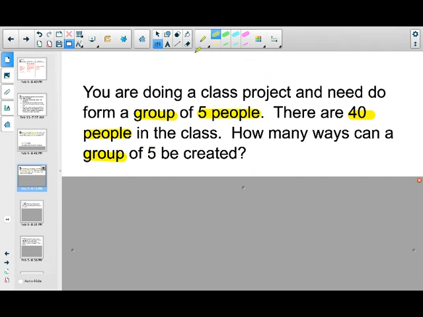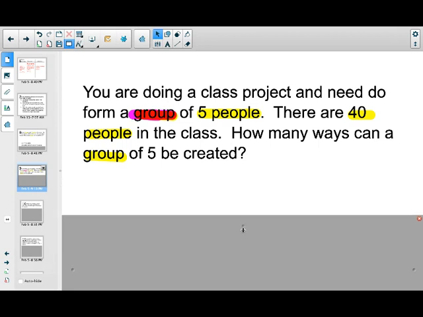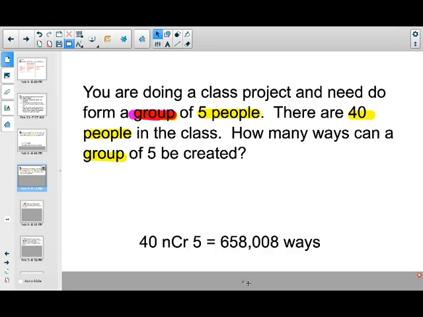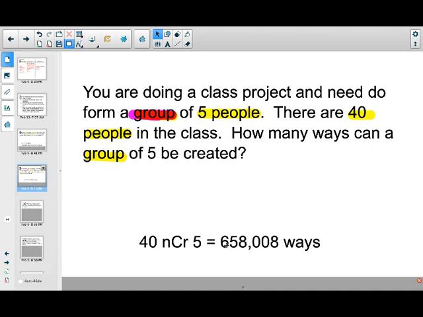Looking at this information, the first thing we should notice is the word group. That should tell us right away the order is not going to matter in this case. And so we're going to do an nCr problem. We're going to do 40 nCr 5, and we find our answer to be 658,008 ways.